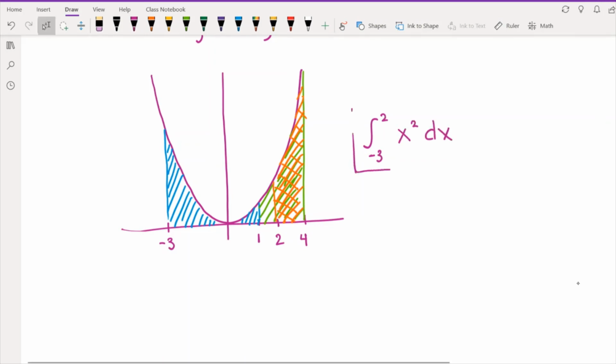And that's our answer. We're not actually evaluating it, we're just expressing it as a single integral. So as long as you're talking about the same function, you can add and subtract different integrals, and as long as things line up with each other, it will work out nicely.